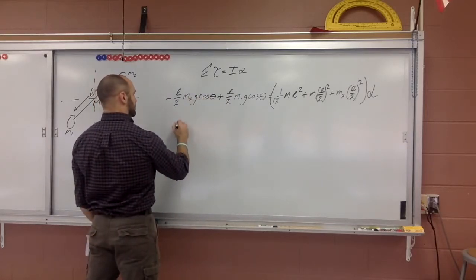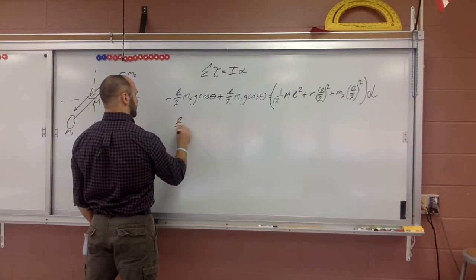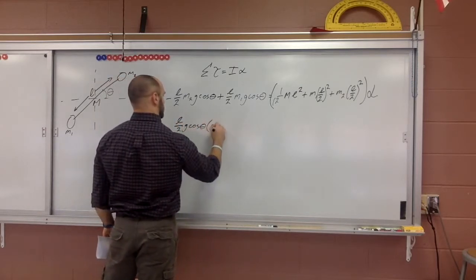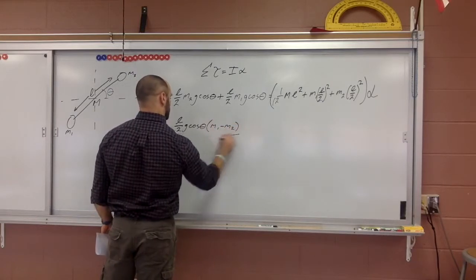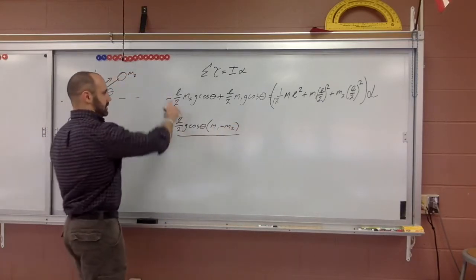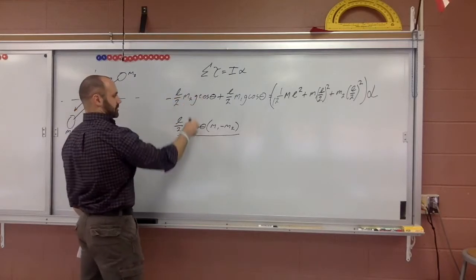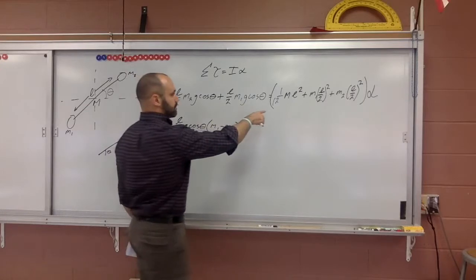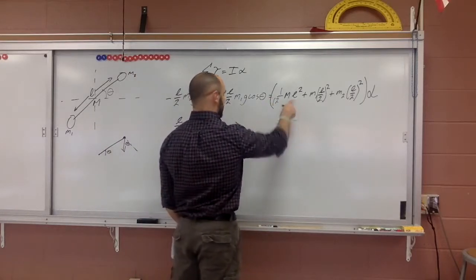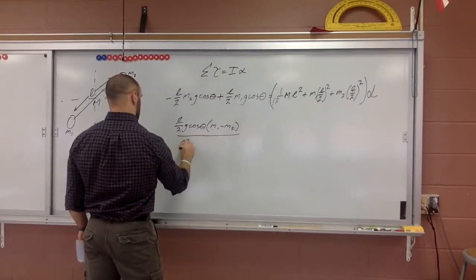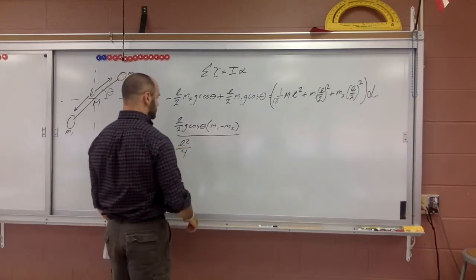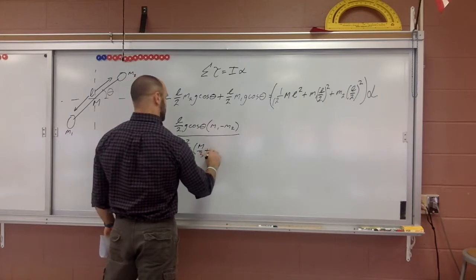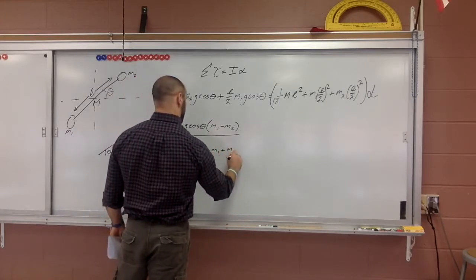So this is going to be L over 2 g cosine of theta, m1 minus m2. That's this side. I factored out L over 2 g cosine theta. And then over here, I can factor out 1/4 L squared. So L squared over 4. And then in here, I'm going to have m over 3 plus m1 plus m2.